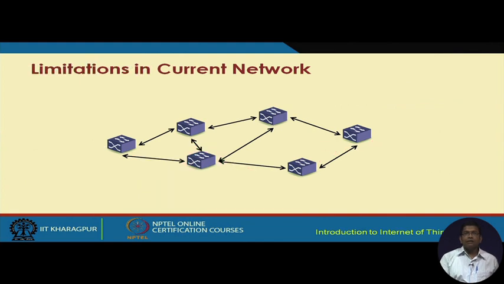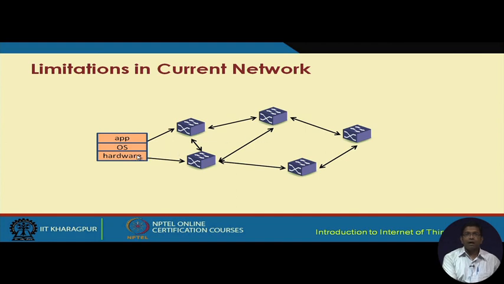So, these are the limitations of the existing network. If we look at this network, what we see over here is just a snapshot of a very simple network consisting of different switches, and each of these switches runs different layers.